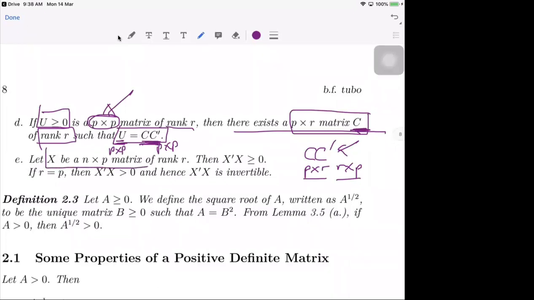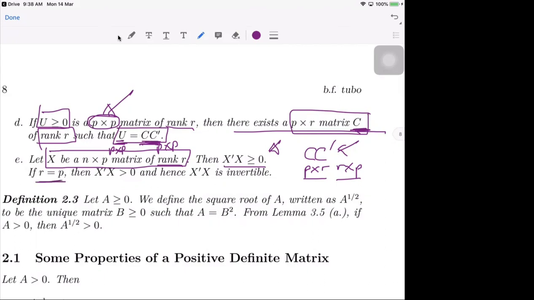And if you have a matrix X, n by P, of rank R, then X prime X is a non-negative definite matrix.